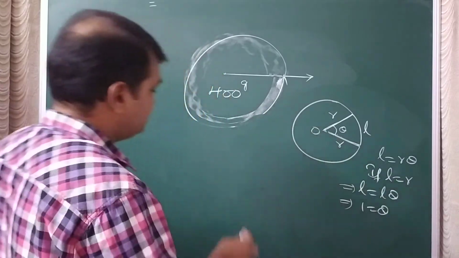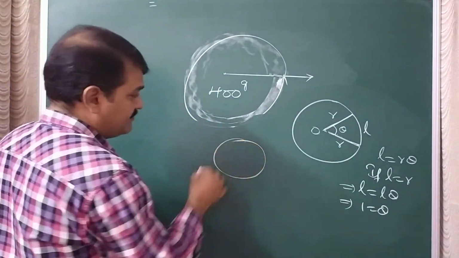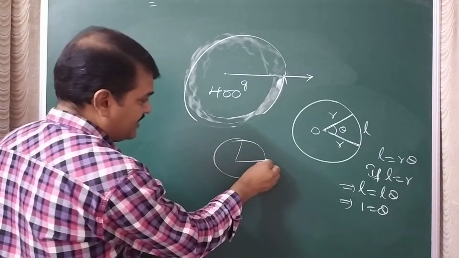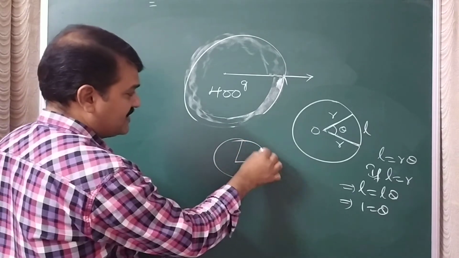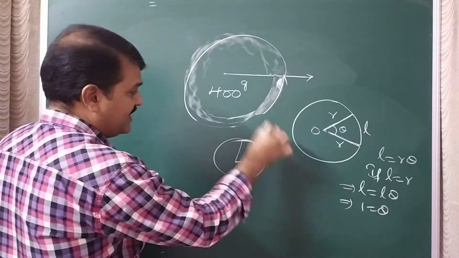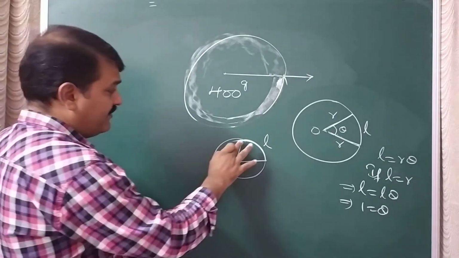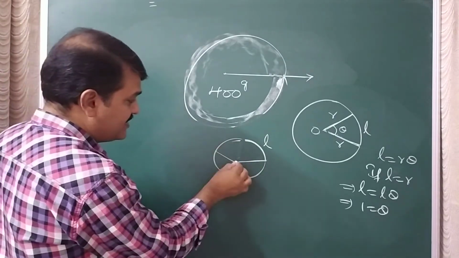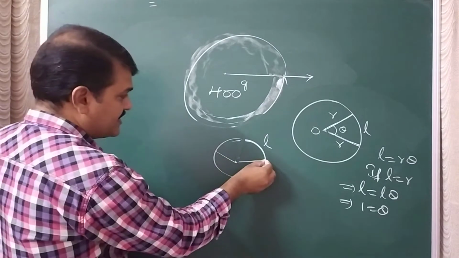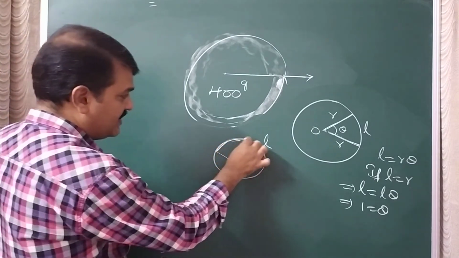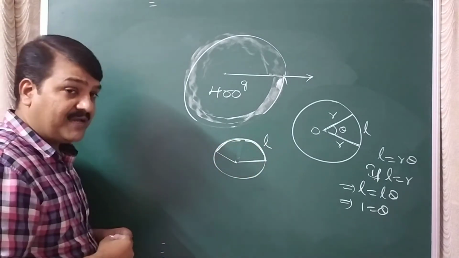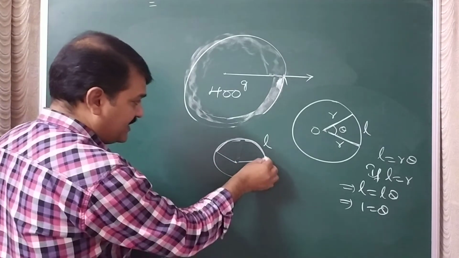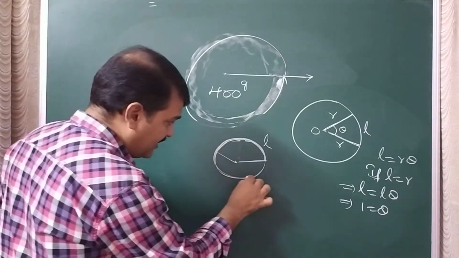For example, if you take a circle, let us consider this as a sector of the circle. So this is called the length of the arc. If I take another sector like this, this complete portion will be the length of the arc. What happens if I take the complete circle?